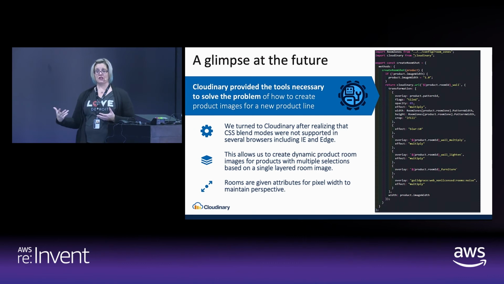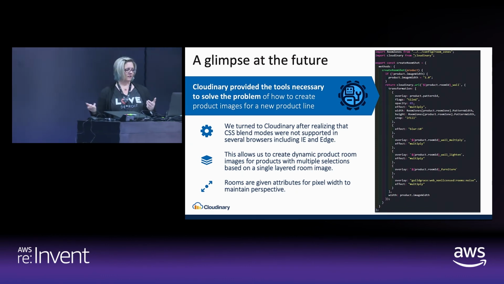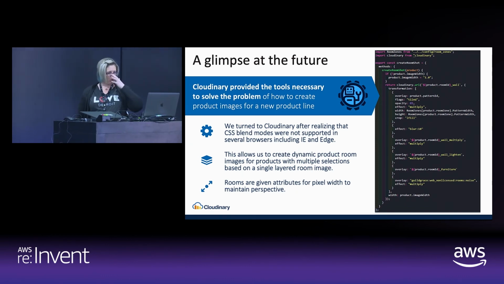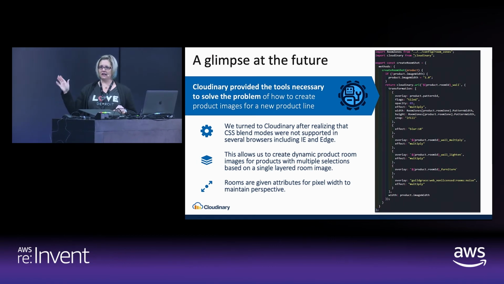And then we take a room shot and we give it a pixel width attribute. And then we marry the two of them using transformations from Cloudinary. As you can see, we do a tiled overlay and a multiply. And then based on the room, we can give it customized transformations.